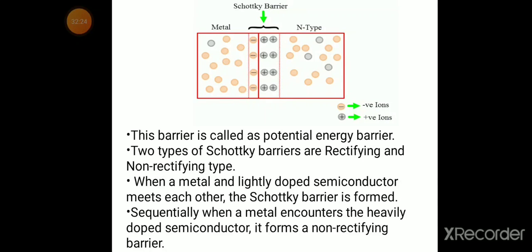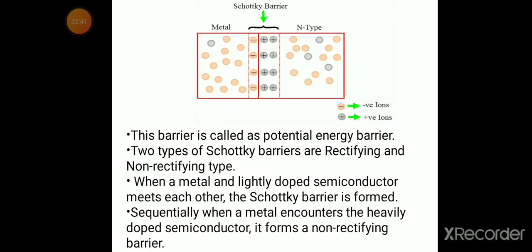You can see the Schottky barrier, metal, N-type material, with minus ions and plus ions. This barrier is called the potential energy barrier.